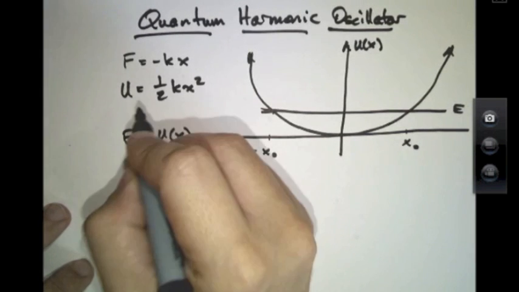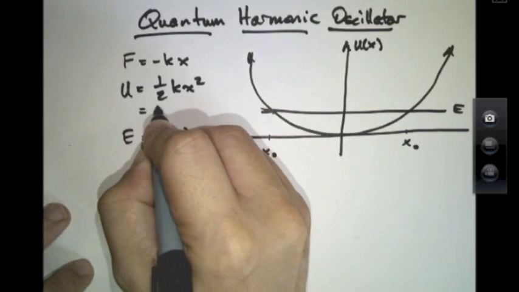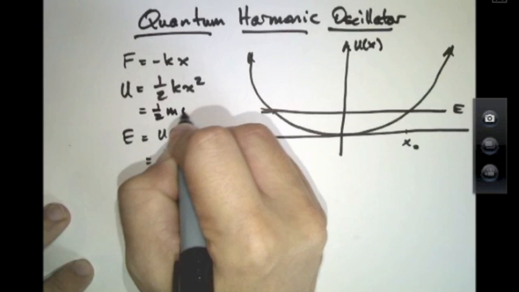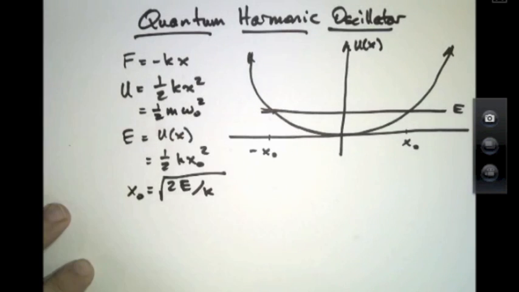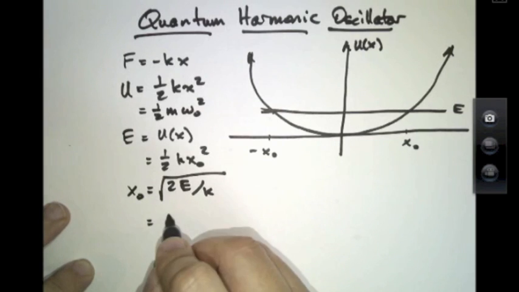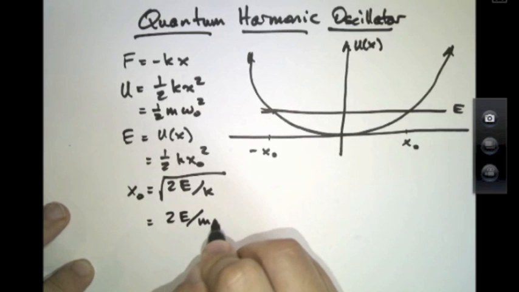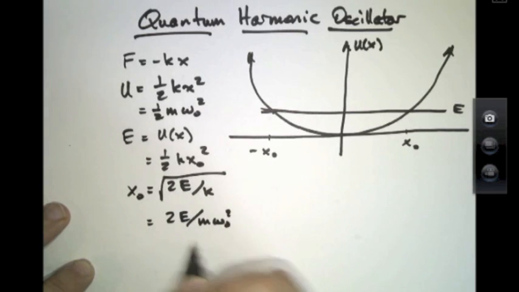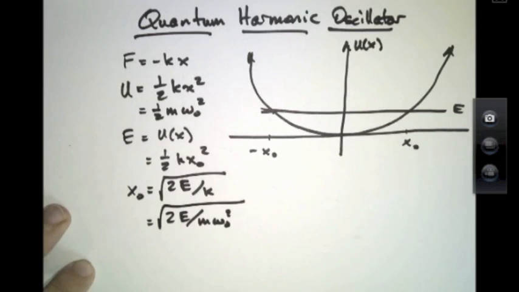You might also remember that the potential can be written as 1/2 m omega naught squared x squared, where omega naught is the angular frequency associated with this oscillator, in which case this expression is written as 2E over m omega naught squared.